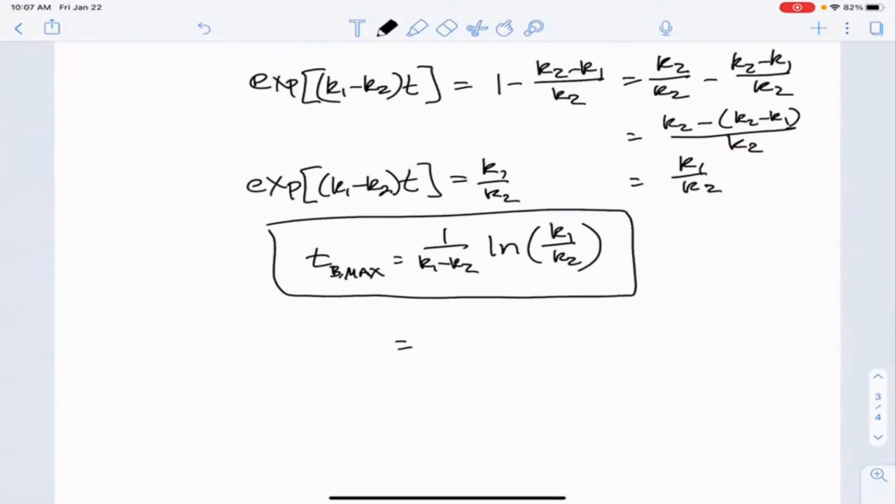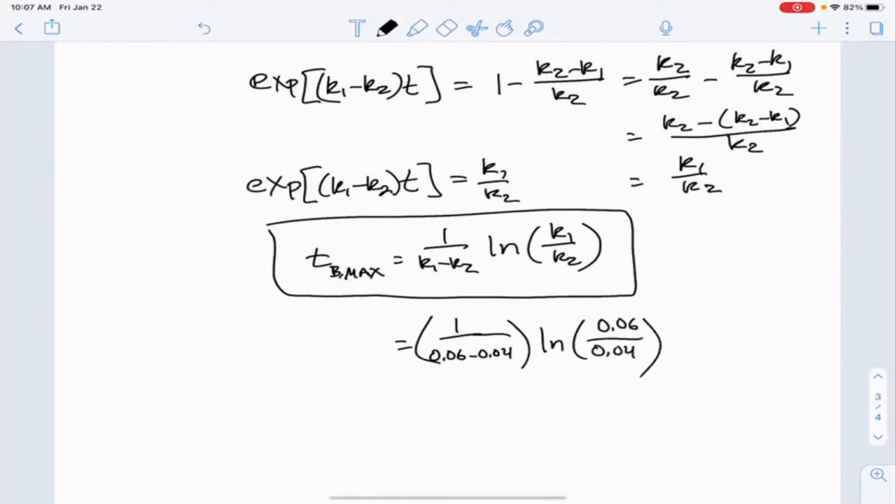So in our problem, K1 is 0.06 inverse minutes, K2 is 0.04 inverse minutes, so t equals 1 over (0.06 minus 0.04) inverse minutes times the natural log of 0.06 over 0.04. And we get about 20.3 minutes, where that's the time where B is maximized.